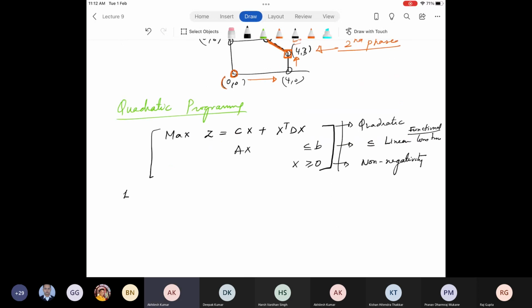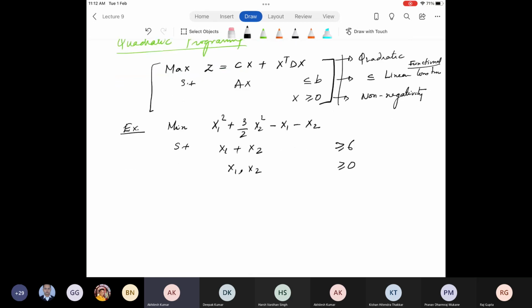So for example, minimize x1 square plus 3 by 2 x2 square minus x1 minus x2 such that x1 plus x2 is greater than or equal to 6 and x1, x2 are greater than or equal to 0. Let's see whether it falls under this or not. For that we need to write our C, D and A. Let me first convert it into the standard form.